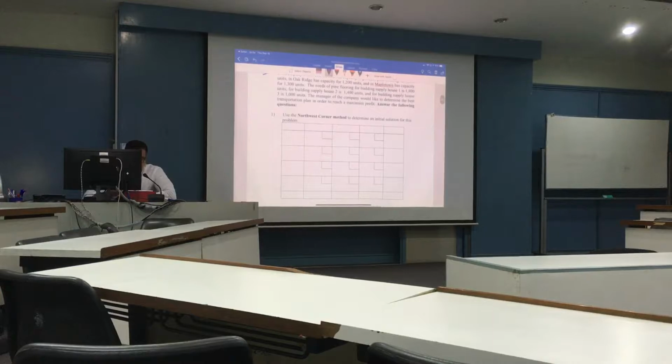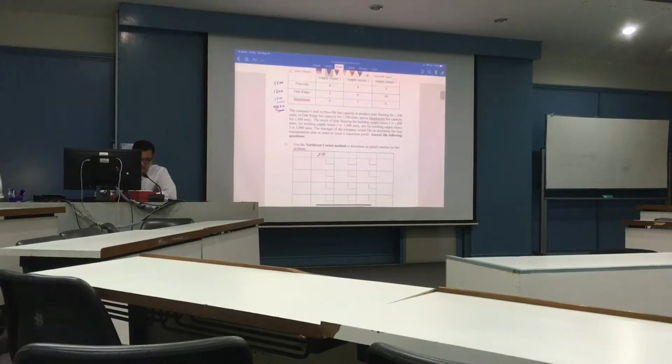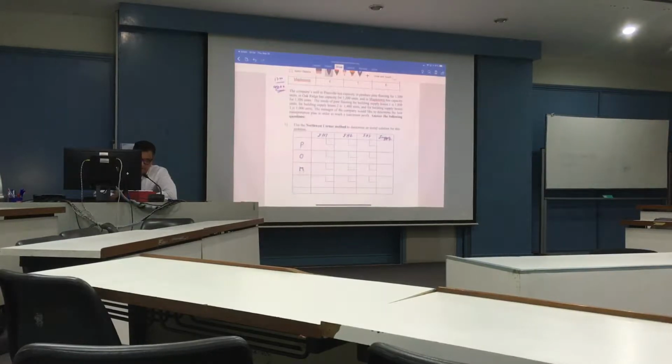So for the northwest corner, okay, we're going to have supply house 1, supply house 2, supply house 3, and supply here. Private, Oakland, Level Town, dummy, and demand.